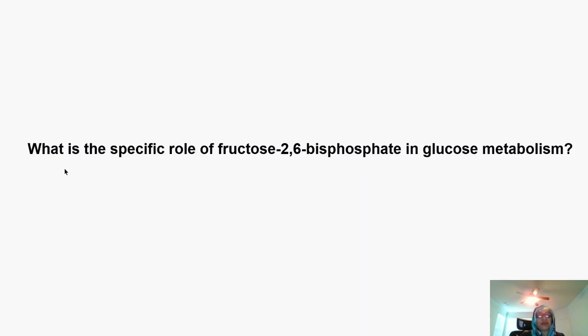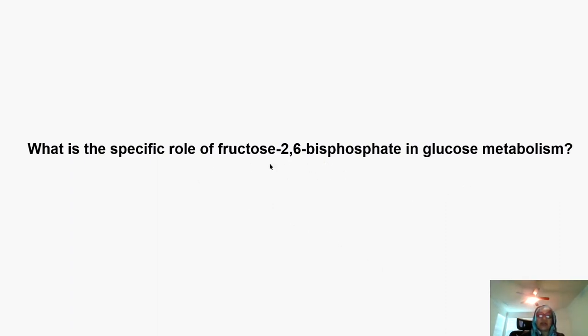Okay, so this is a question for you when you go through these slides. Just pause a little bit and think about what is the specific role of fructose 2,6-bisphosphate in glucose metabolism, whether you're doing glycolysis or gluconeogenesis.